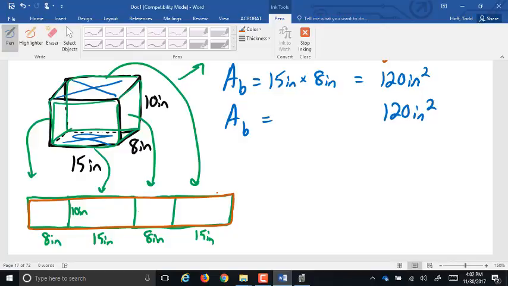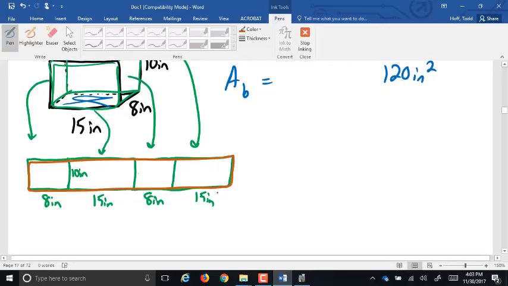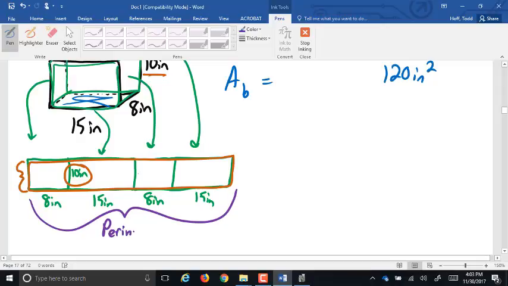So you see the size of that rectangle, the height of it is just the height of the box, the 10 inches. The length of it is the perimeter of the base of that box. We had the 8 here, 15, 8, and 15.